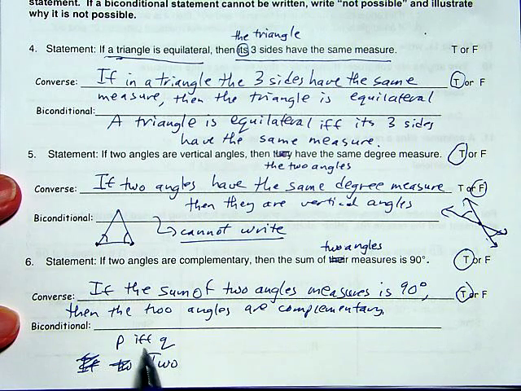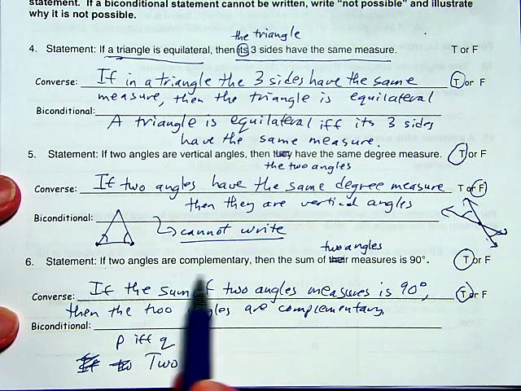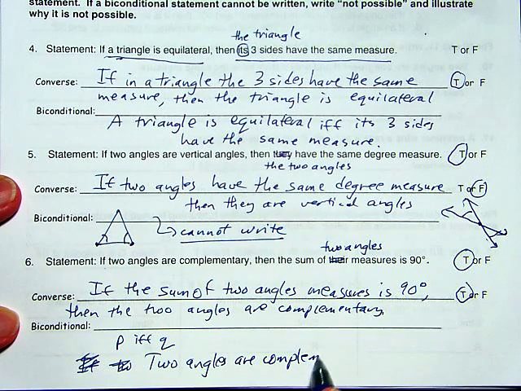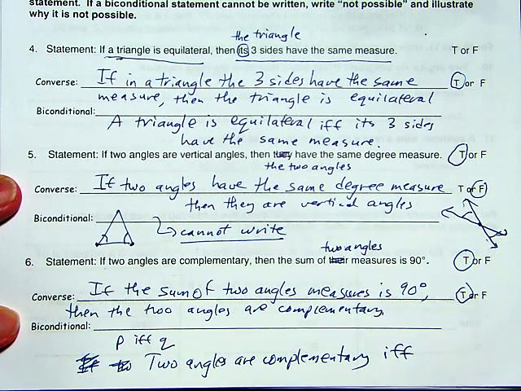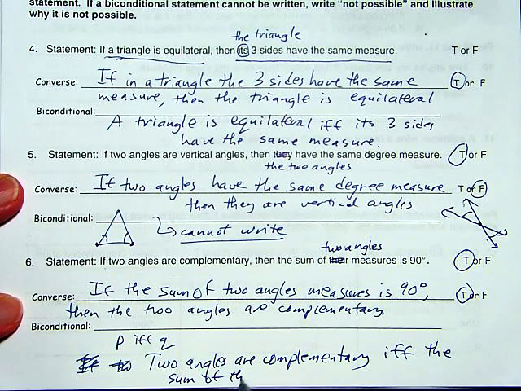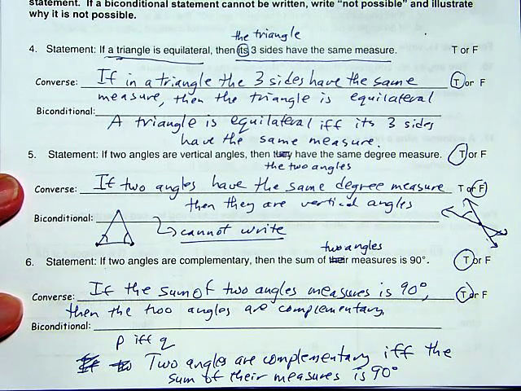We just take the P. Two angles are complementary if and only if the sum of their measures is 90 degrees. And that's our biconditional statement.